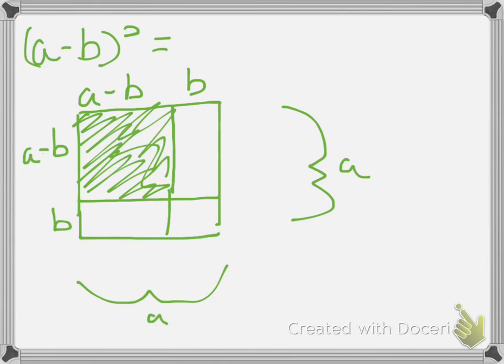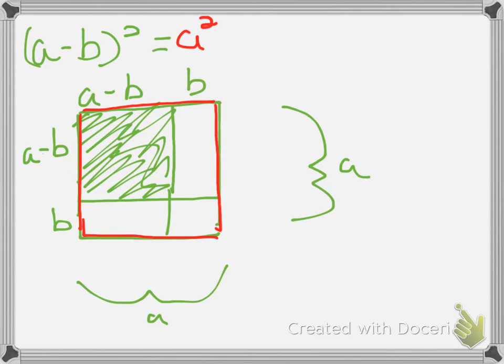And let's think of it a different way. Let's think of it as I'm first going to start off with my huge big square here. So what is that? That's just, of course, a squared.